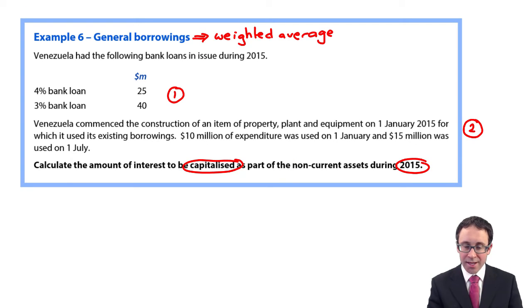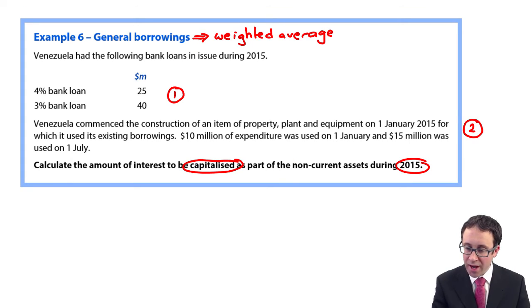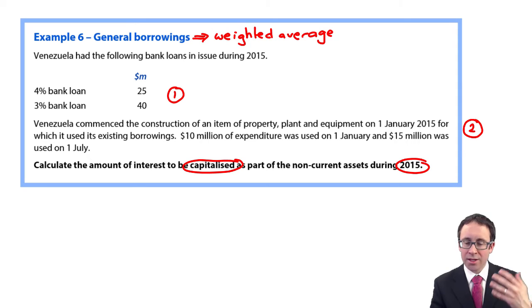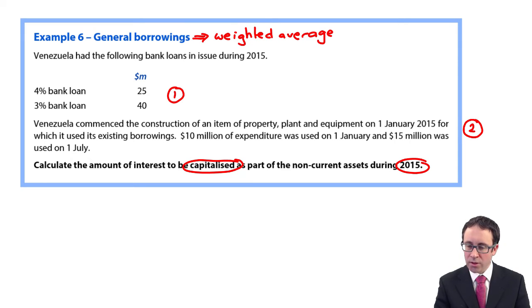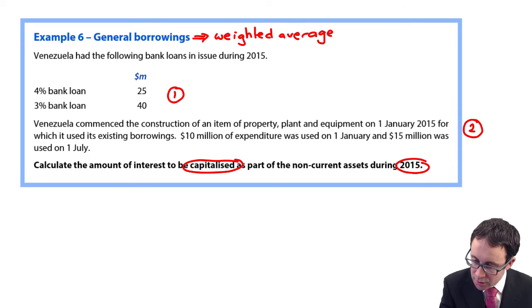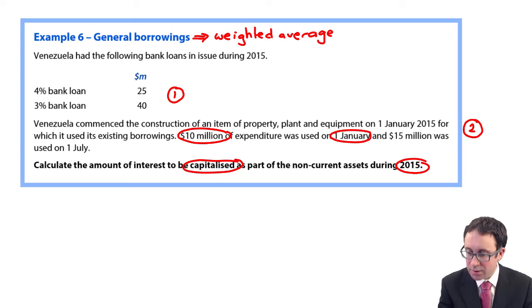So in the second part, it says Venezuela commenced the construction of an item of property, plant and equipment on the 1st of January 2015. If construction is taking place, then the expenditure must be taking place, because you can't construct anything out of thin air. It started on the 1st of January, but be careful, because you've got 10 million on the 1st of January, so that will be in place for the full 12 months.